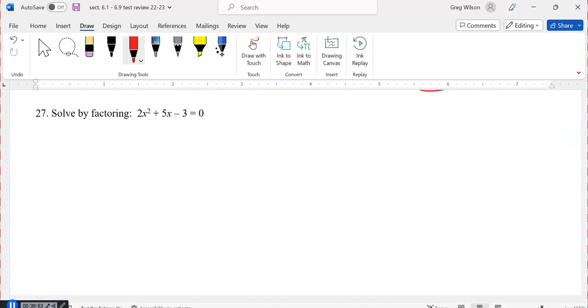All right, we're going to solve number 27 by factoring, and factoring in cases like this where the coefficient of x squared is greater than 1, we're going to use the box method. So I multiply those together, and I try to come up with the factors of negative 6x squared that add up to positive 5x, and that would be 6x times negative 1x.